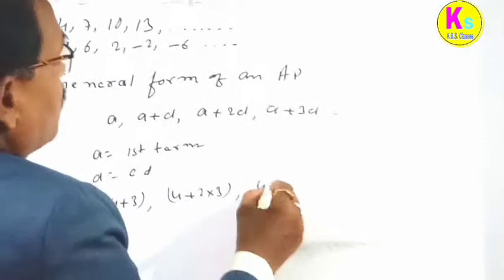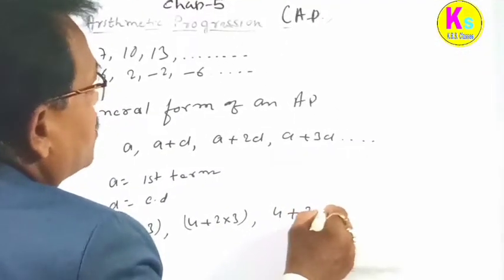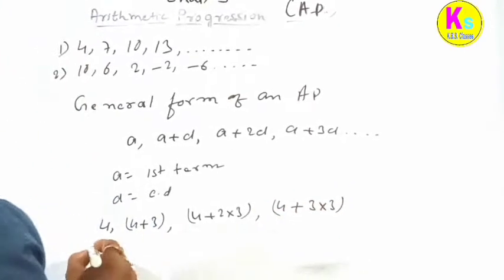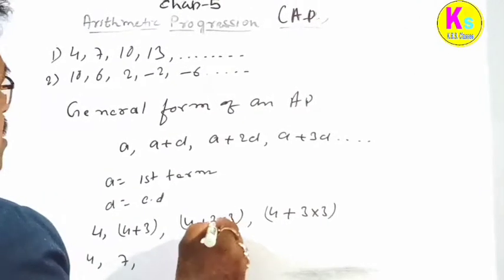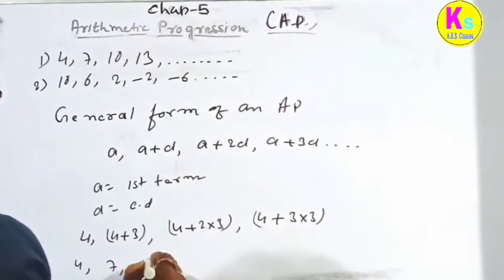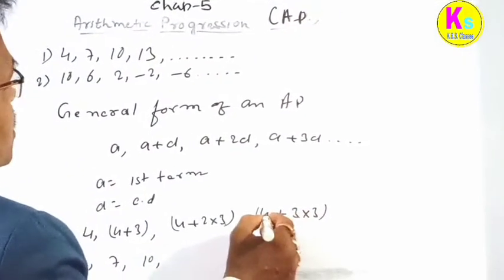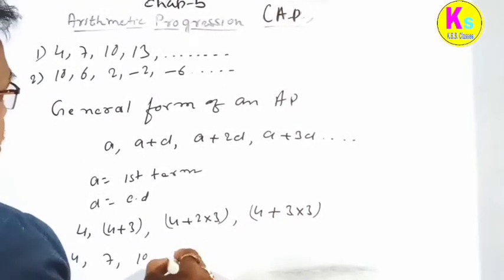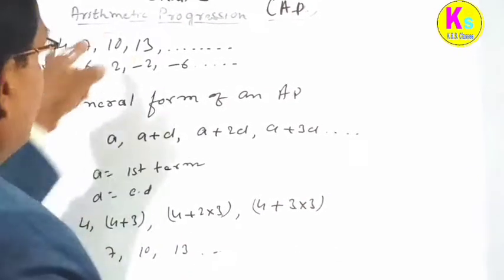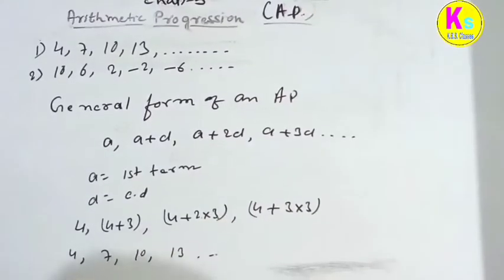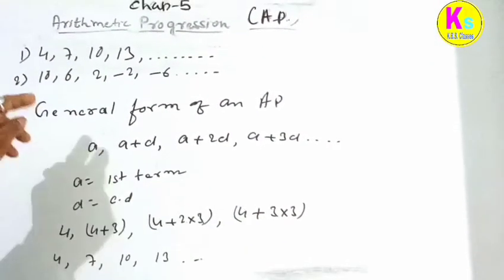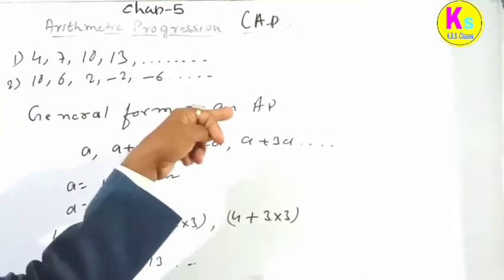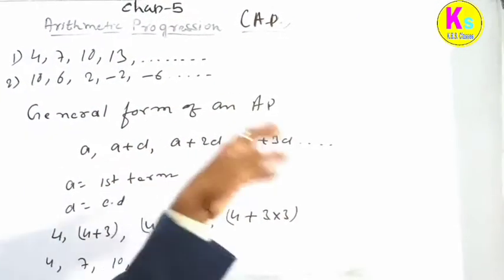Again 4 plus 3 into 3. What are you getting? 4, 7, 6 plus 4 is 10, 9 plus 4 is 13. So you have got this AP. Therefore this is the general form. In the same way we shall get the second one also when you put those numbers in the general form.